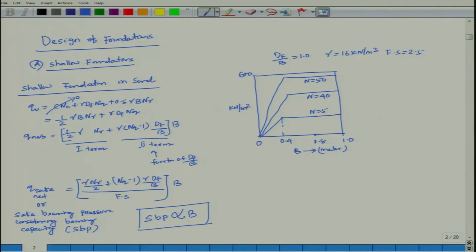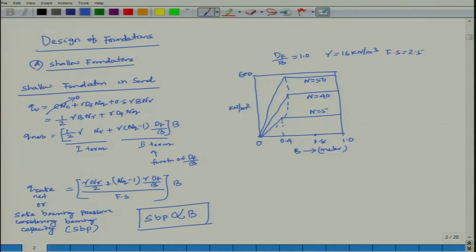Up to a certain B it increases, then there is no effect of the width of the foundation, and the bearing capacity remains constant for different N values, starting from N is equal to 5, 40 and 50.